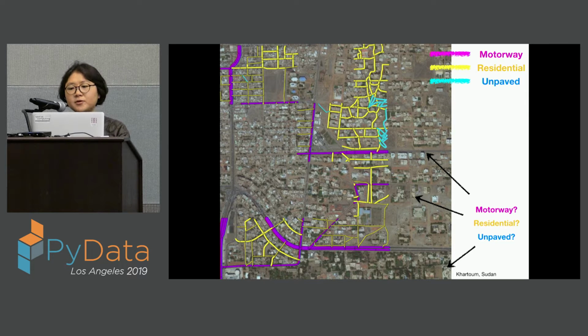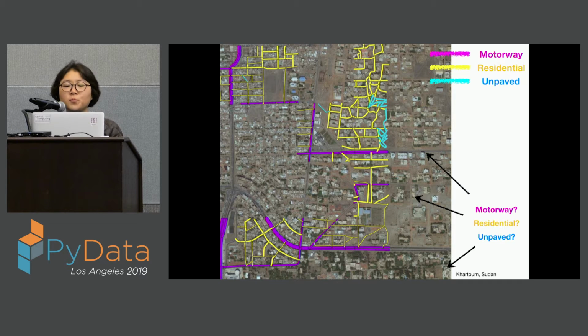We see that there's a purple line that indicates motorways, like big highways or any ways that cars can usually drive on. The yellow lines are residential roads near people's houses, and the blue lines are unpaved roads.